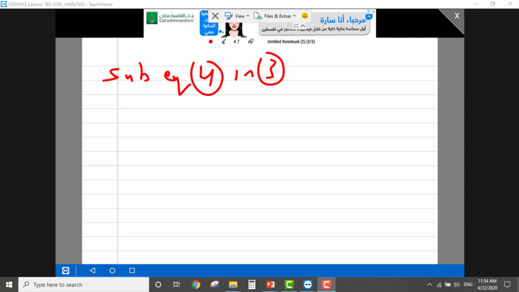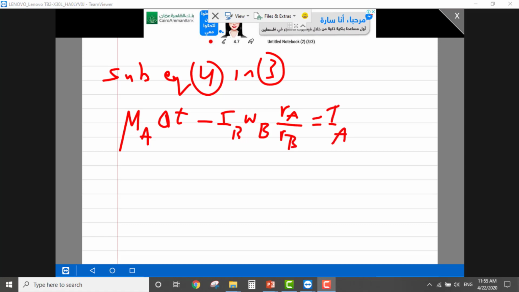We get that MA, moment about A, multiplied by delta T minus IB omega B multiplied by RA divided by RB is equal to IA. So instead of omega A, I will write omega B at state 2 multiplied by RB divided by RA.